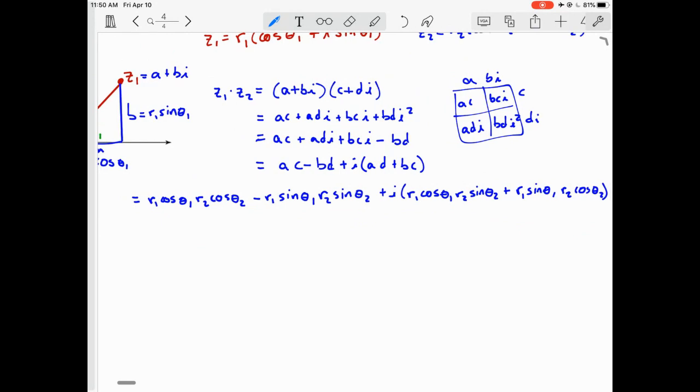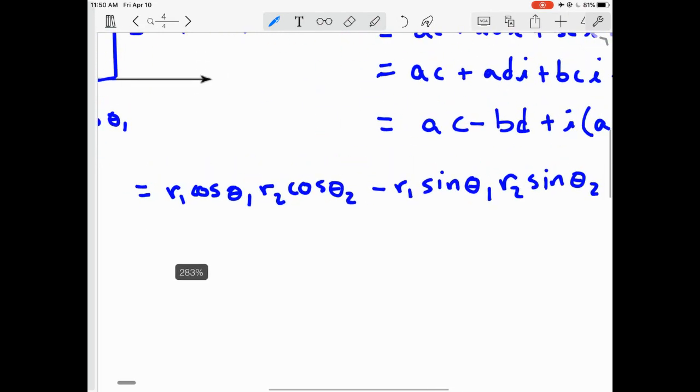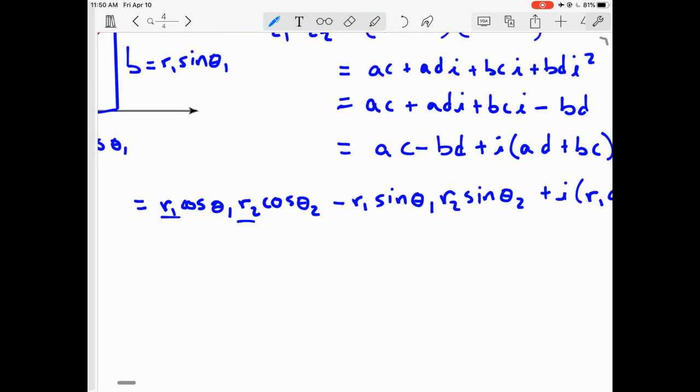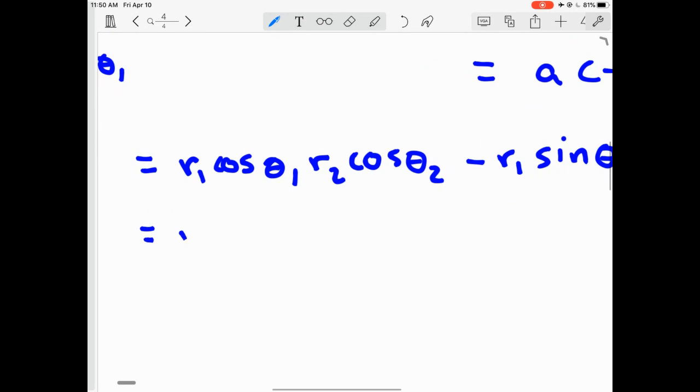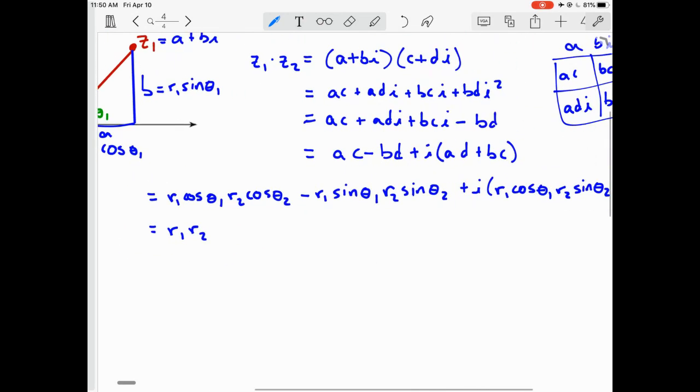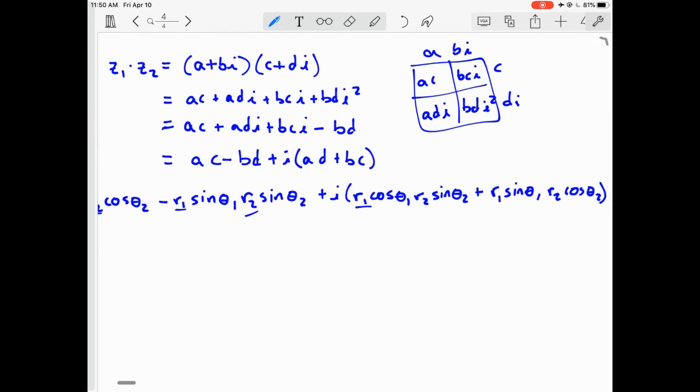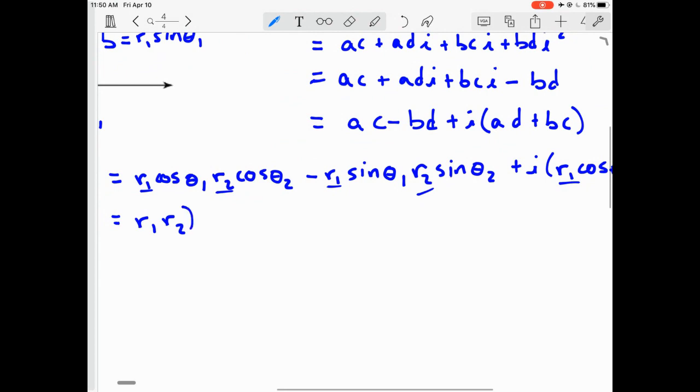All right, let's do some quick factoring of some stuff out. I noticed that both of these terms have an r1 and an r2. So let's factor out r1 r2. And I noticed it exists for everything. We have r1 r2, so technically we can factor that out of everything, just to save us some time.